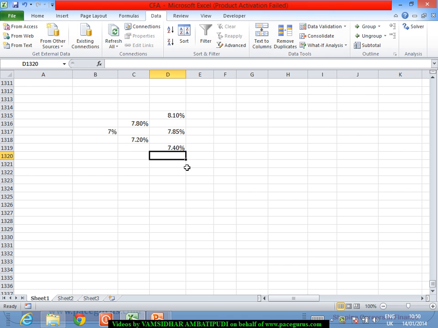I am assuming that the current 1 year interest rate is 7%, and after 1 year the 1 year rate can be either 7.8% or 7.2% with equal probability. So there is a 50% chance that the 1 year rate may be 7.8%, and a 50% chance that the 1 year rate will be 7.2% after 1 year.